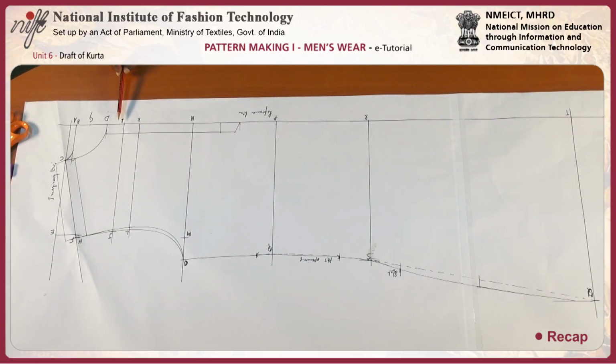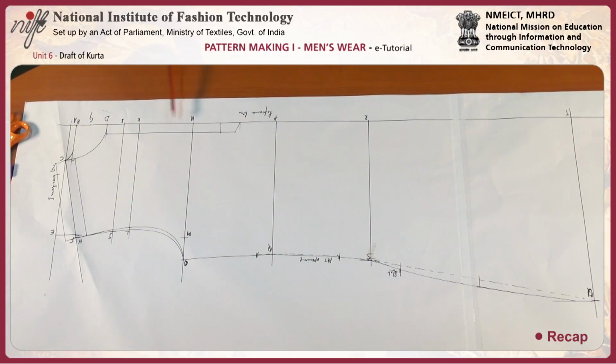In this case there is no shoulder slope, but you still have to measure that level to get the armhole shape. So I marked 10 centimeter from B. Then J is 22.4 centimeter. Then I took point K, which is 13.3 centimeter from point B. Then I drew a square line and measured across, which is 22.4 centimeter.